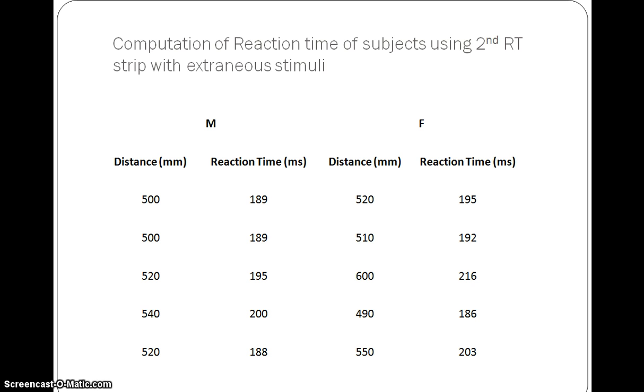And now this is a computation of reaction time of subjects using the second reaction strip, but with external stimuli. Both the male and the female have a slower reaction time than the first experiment without any stimuli. But again, in the majority, the male have a faster reaction time than the females.